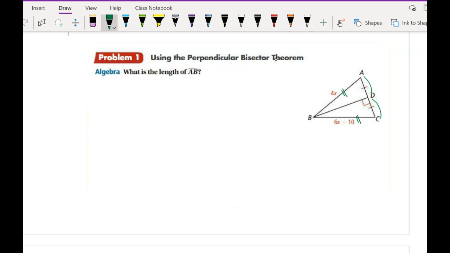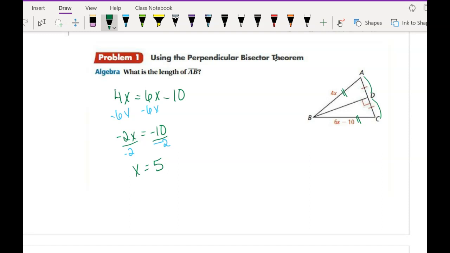So I can solve this by setting up 4x is equal to 6x minus 10. I'm going to subtract 6x from both sides. So I have negative 2x is equal to negative 10. Divide both sides by negative 2. So x is equal to 5. So I want to know the length of AB.